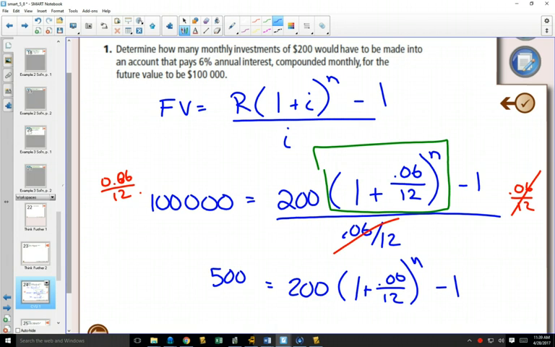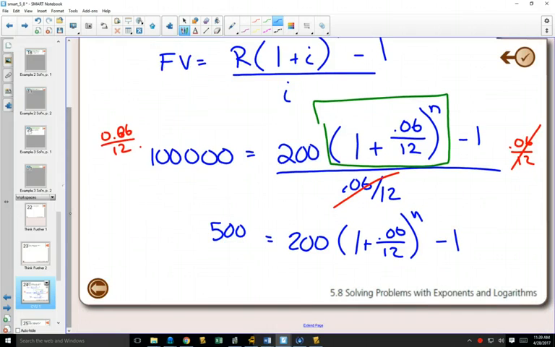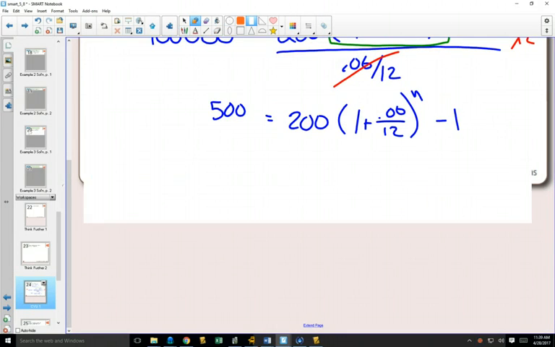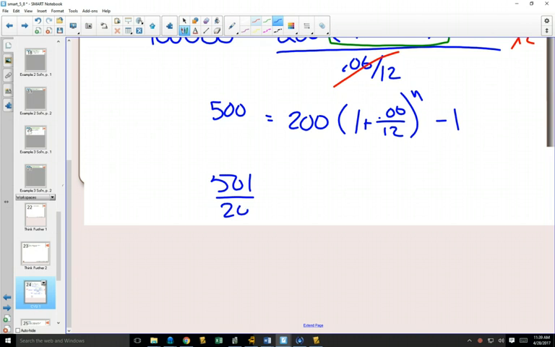To get that thing in the green box by itself, we would have to add 1 to both sides, divide by the 200, and now we've got what we had in the green box by itself.